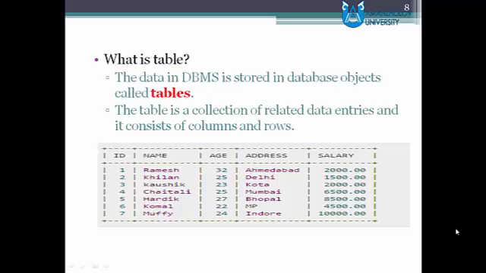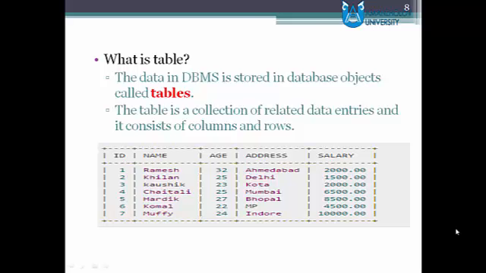What is a table? The data in database management system is stored in database objects called tables. The table is a collection of related data in entries, and it consists of columns and rows.